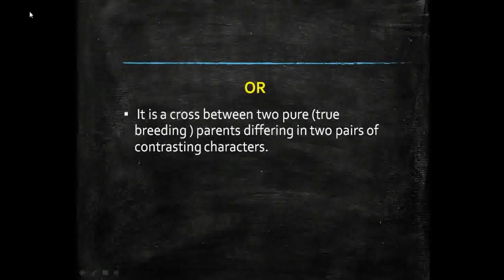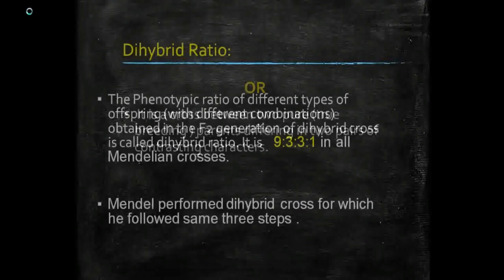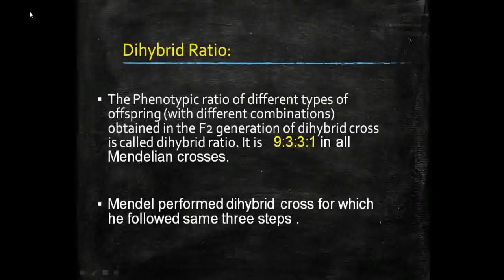It also means a cross between two pure true breeding parents differing in two pairs of contrasting characters. Now the phenotypic ratio of different types of offspring with different combinations obtained in the F2 generation of a dihybrid cross is called a dihybrid ratio.